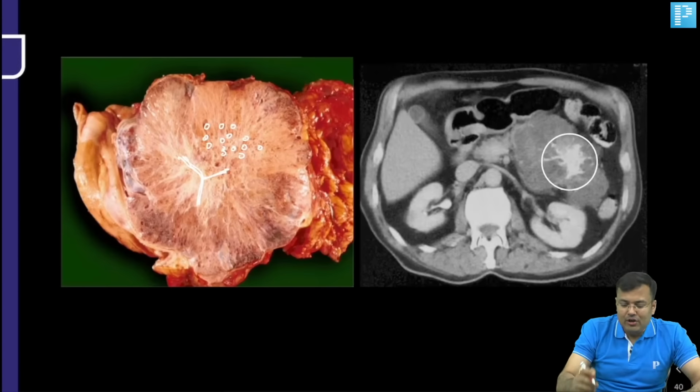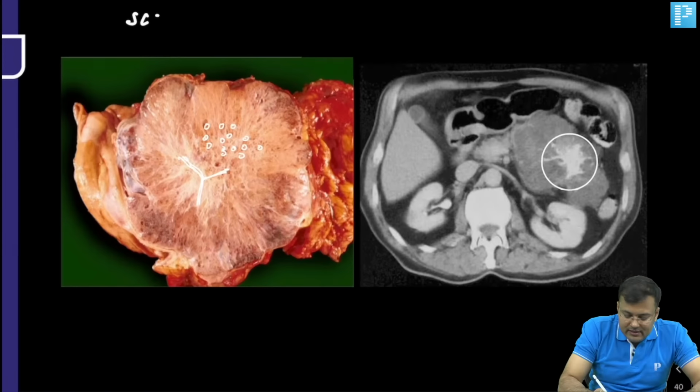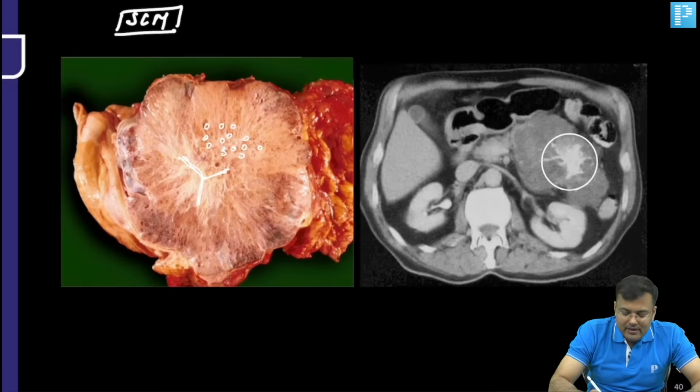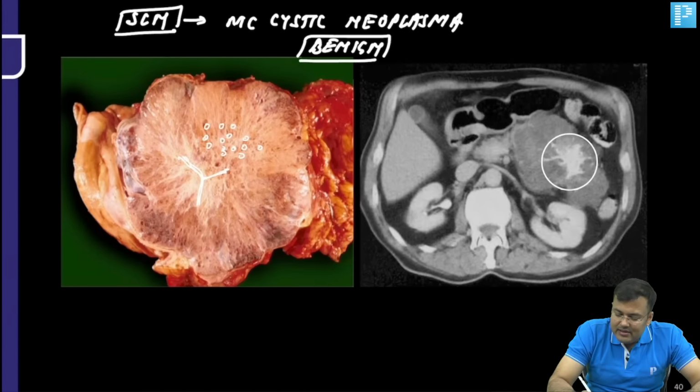Guys, I am repeating all the questions. This is very important. This is serous cystic neoplasm, also known as serous cystadenoma. This is the most common cystic neoplasm of pancreas. It is benign. What are the characteristic features asked in relation to this tumor?